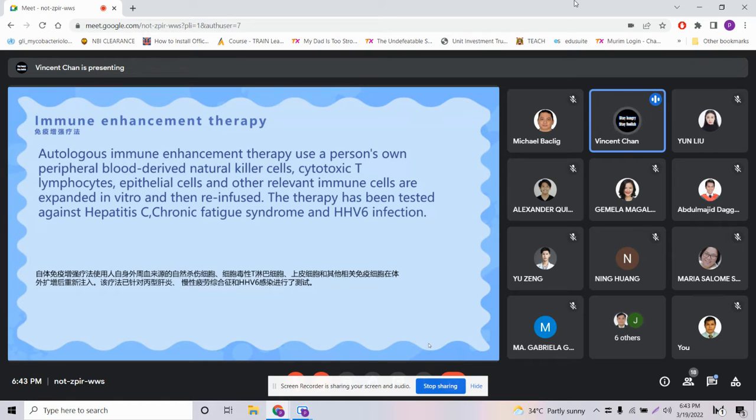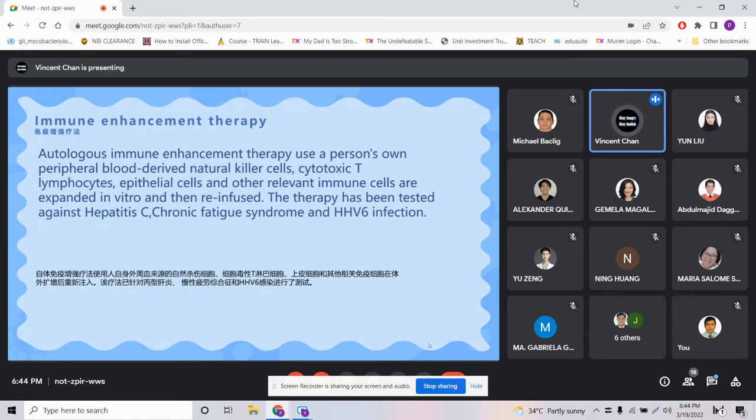Okay, next page is about immune enhancement therapy. Autologous immune enhancement therapy uses a person's own peripheral blood-derived natural killer cells, cytotoxic T lymphocytes, and other relevant immune cells, which are expanded in vitro and then reinfused.